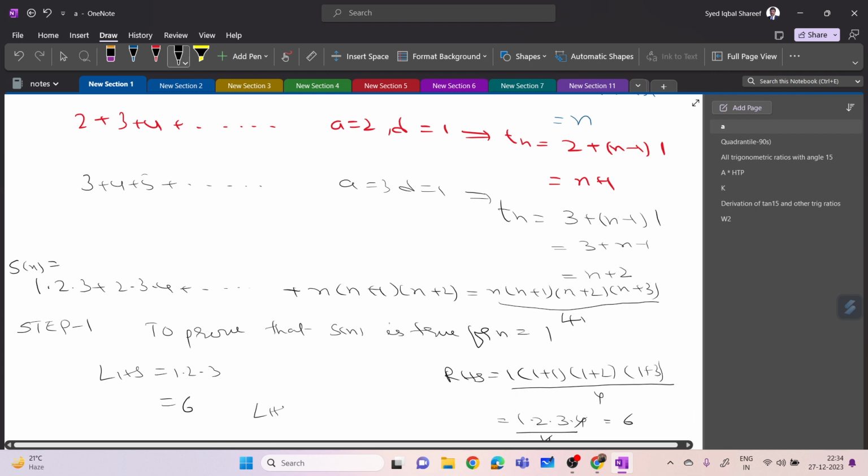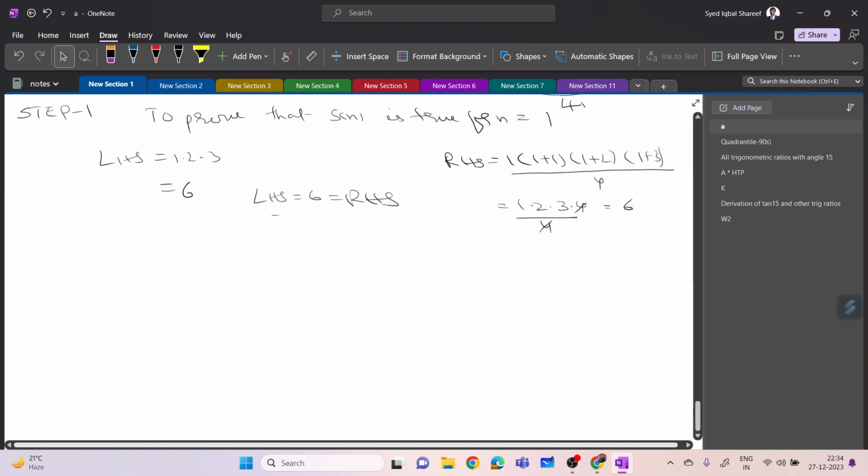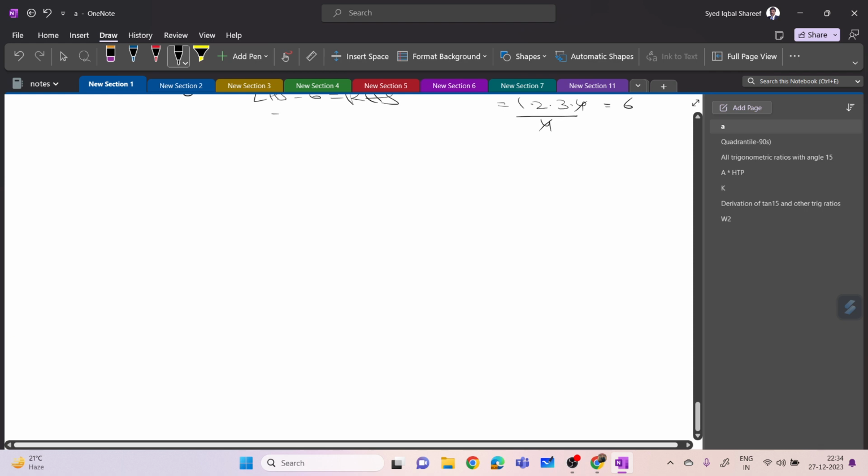Therefore, left hand side equals 6 equals right hand side. So that means S of 1 is true, or it is true for n equal to 1.